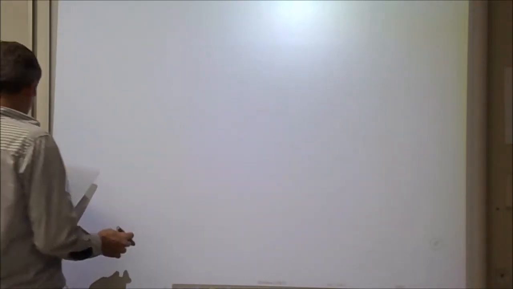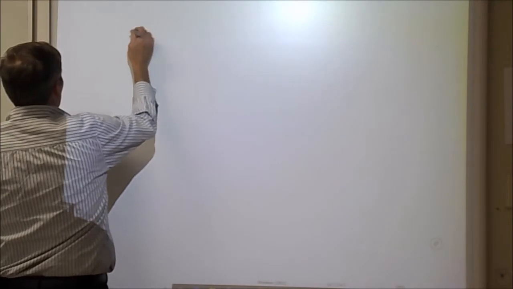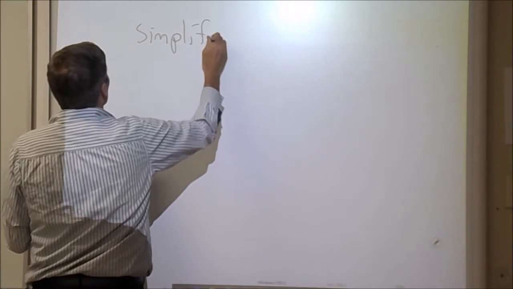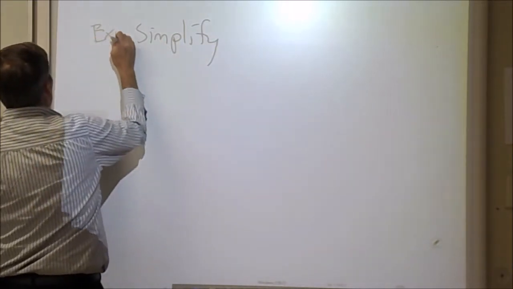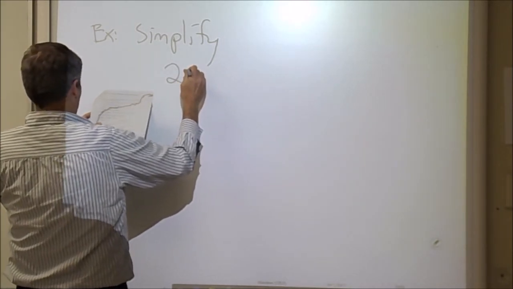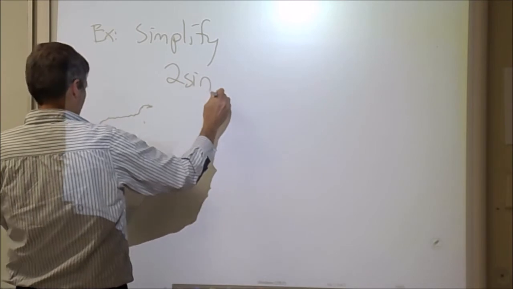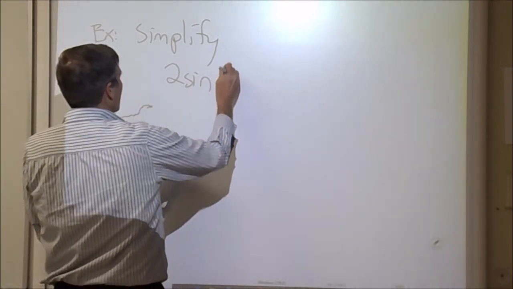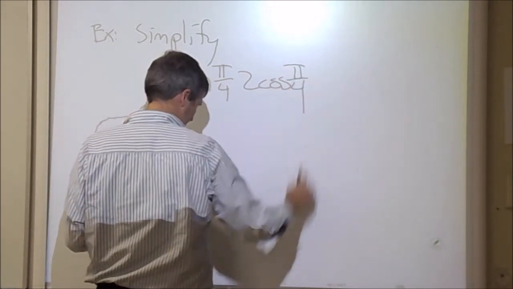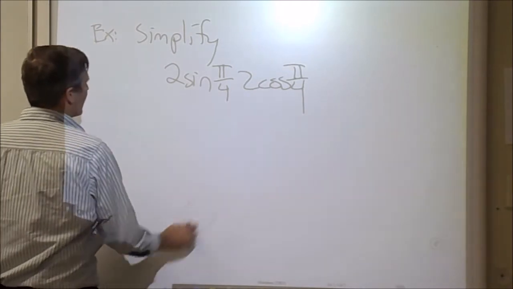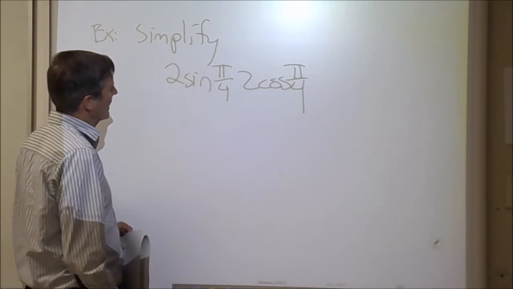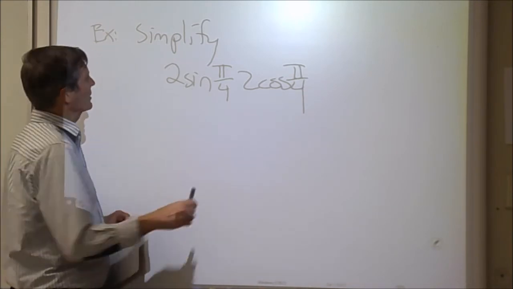Here's another problem. Suppose I want to simplify an expression. This comes up fairly often in actual practice. Suppose I want to simplify 2 sine pi/4 cosine pi/4. How can I do that? The object is to recognize that it looks like something you've seen before. What does that look like? 2 sine cosine looks like a double angle identity.